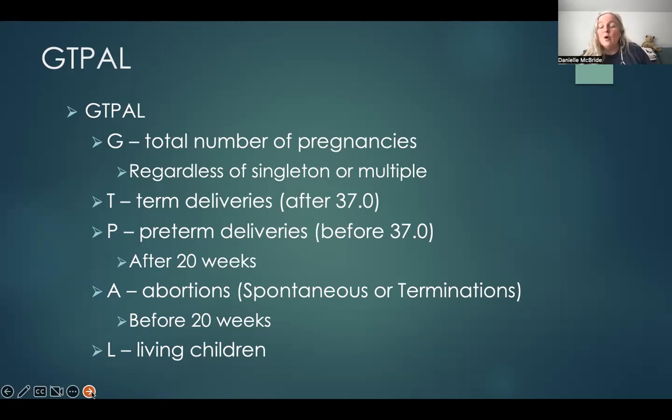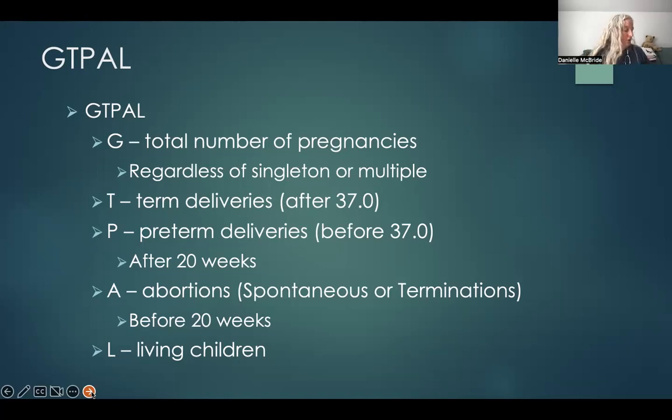Preterm is before 37 and 0, but it's still after 20 weeks, remember, because 20 weeks is the cutoff. Before 20 weeks is spontaneous, or maybe she had an abortion. But spontaneous abortion, miscarriage, whatever terminology you want to use, it's not going to count in our parity.